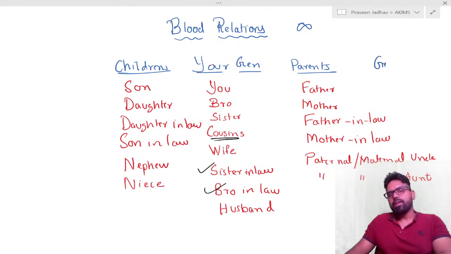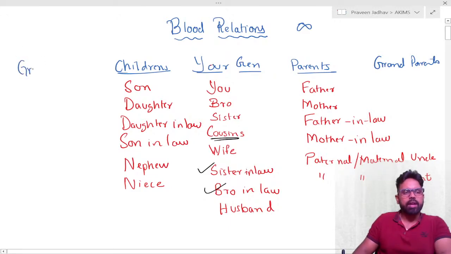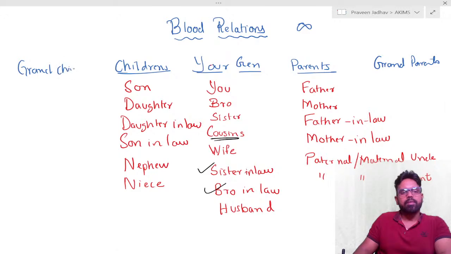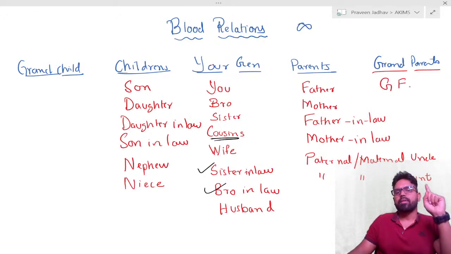In the grandparent generation, there will be another generation called grandparents, and another called grandchildren. In our grandparent generation, what I will bring here is two simple things: grandfather, grandmother. Another one is granduncle.